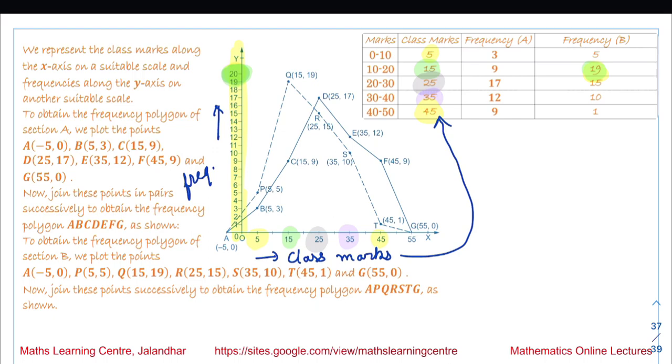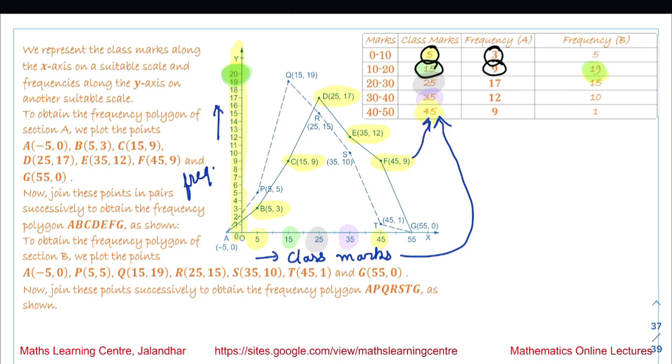First of all, we have plotted the point 5 and 3. Next we are plotting the point 15 and 9. Then the next we have plotted is 25 and 17. Then 35 and 12, and 45 and 9. This is the last point.